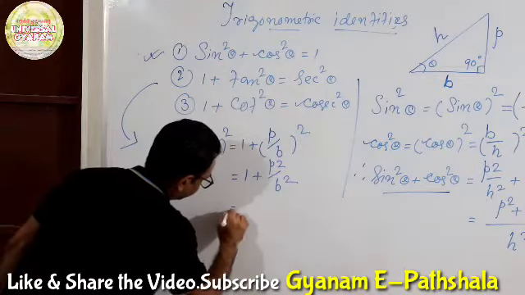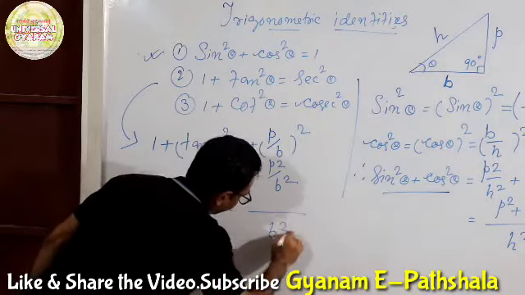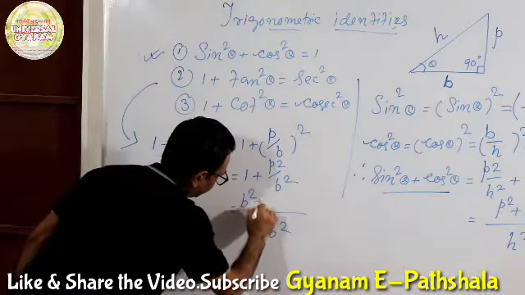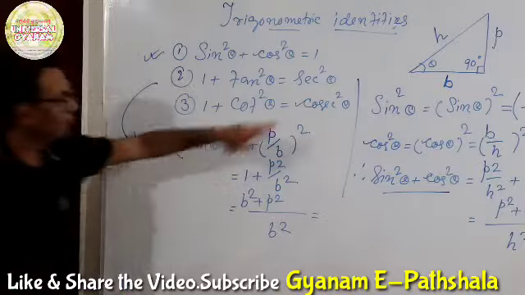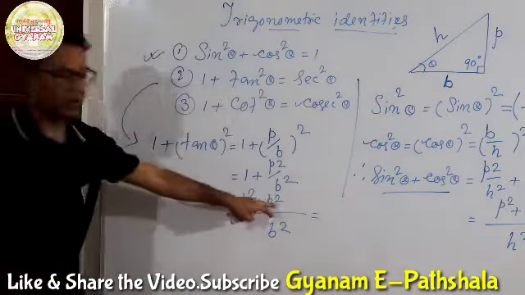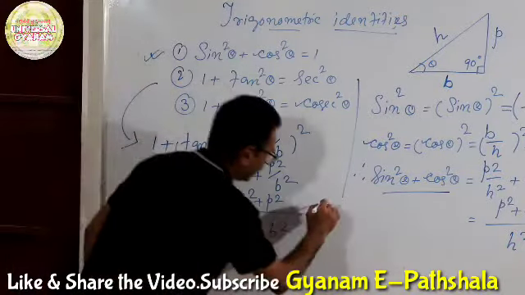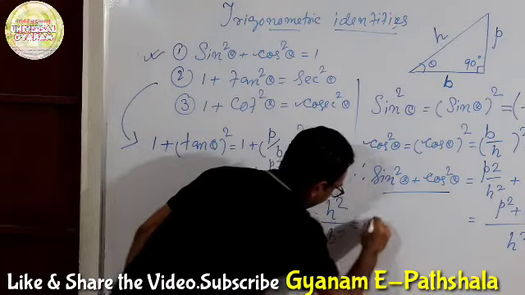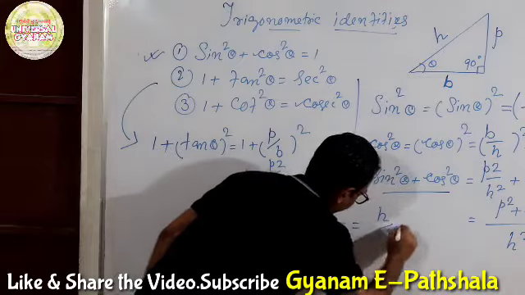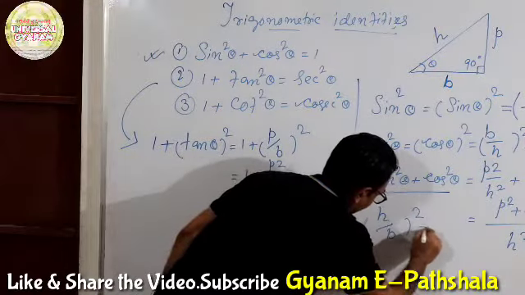You take LCM here, you get b square plus p square over b square. So the square of the base plus the square of the perpendicular is hypotenuse square from Pythagoras theorem. This is h by b whole square.